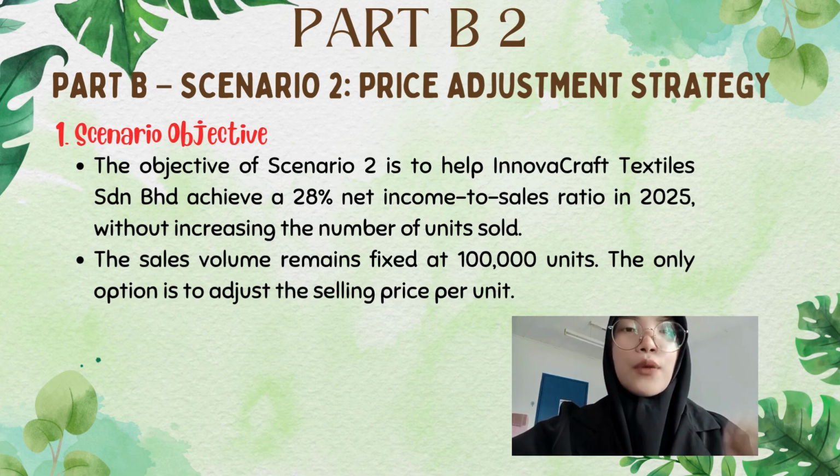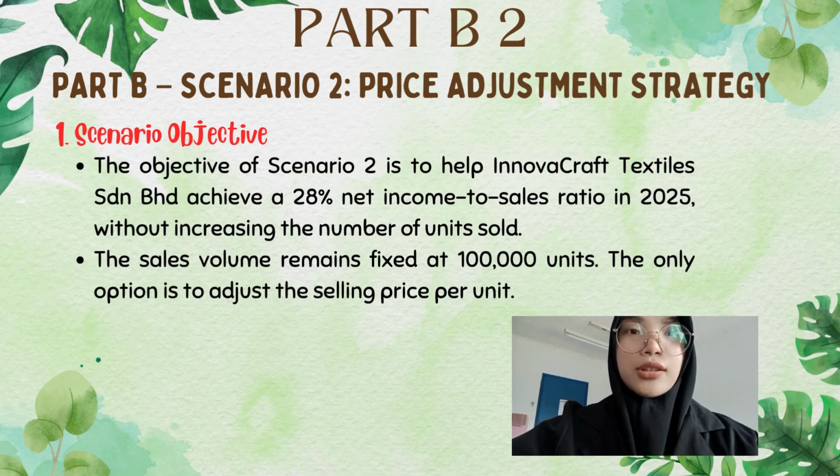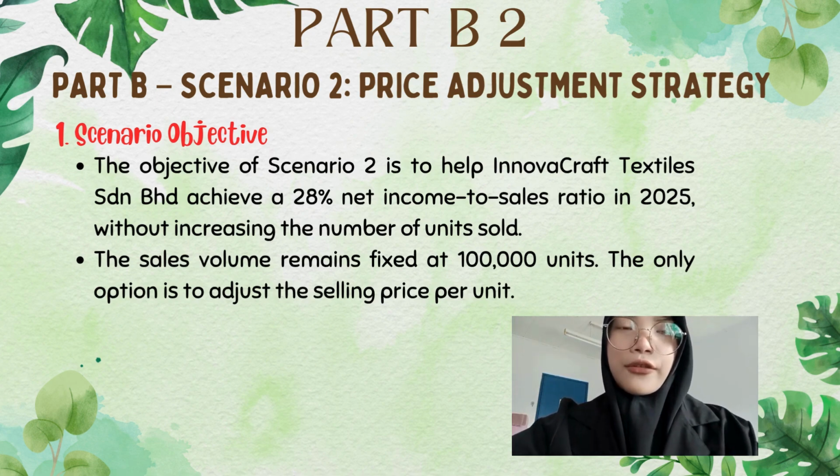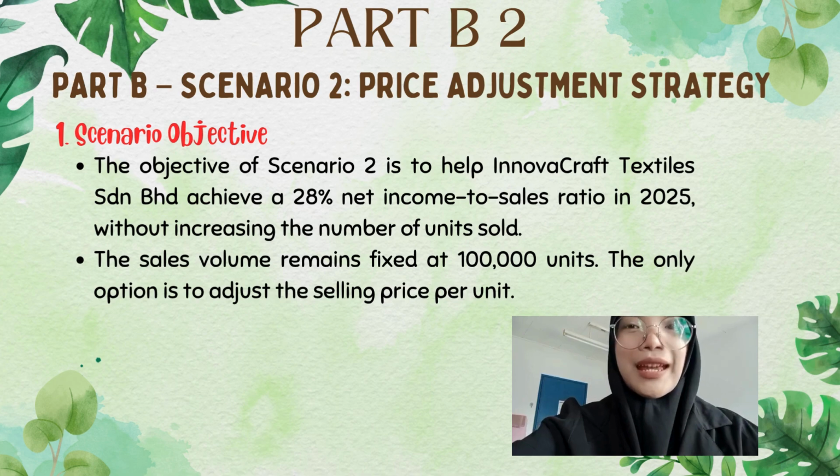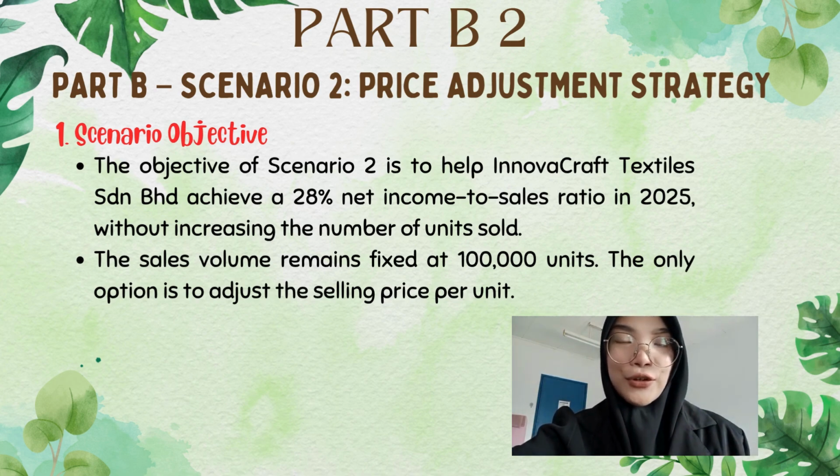For this part, I will present the price adjustment strategy for Innovacraft Textile Sdn Berhad. The objective of this scenario is to help the company achieve a net income to sales ratio in 2025.